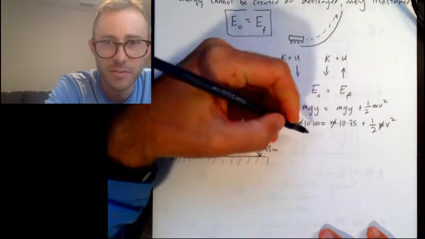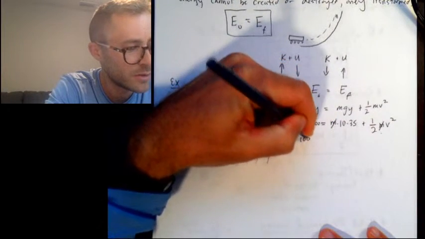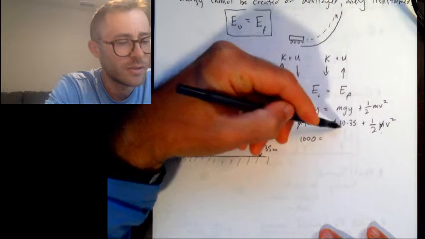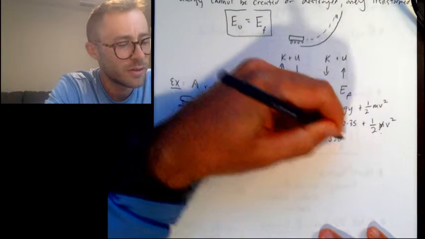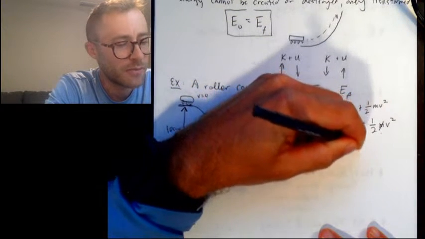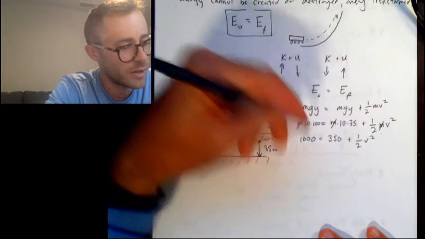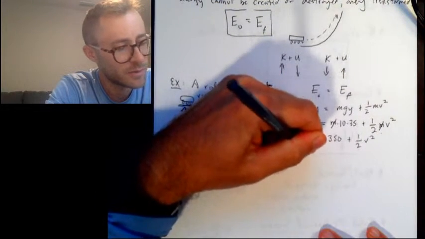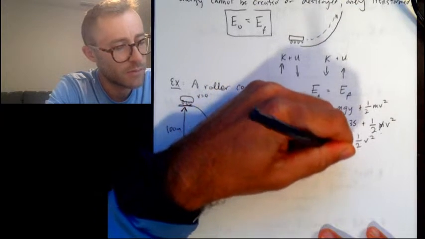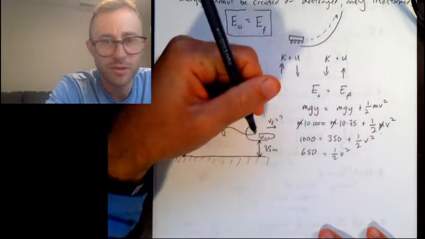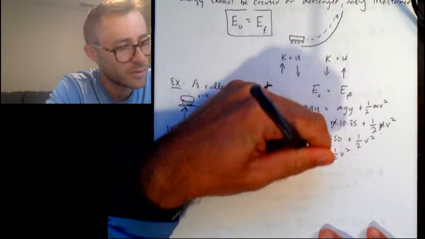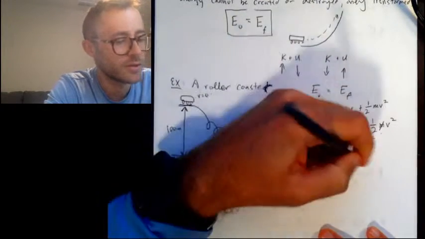So we have 100 times 10 is 1,000. 10 times 35 is 350, plus 1/2 v squared. Subtract the 350 over to the other side. That gives us 650 equals 1/2 v squared. Multiply by 2, 1,300 equals v squared. Take the square root.